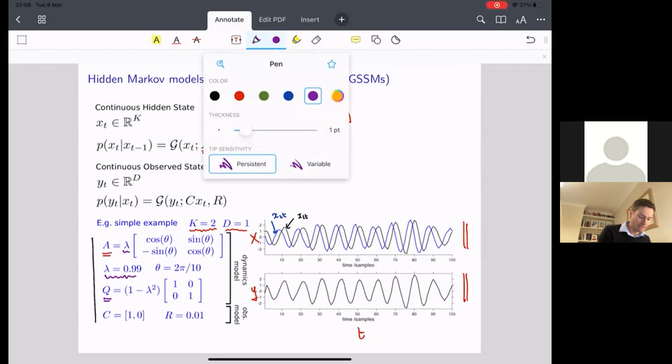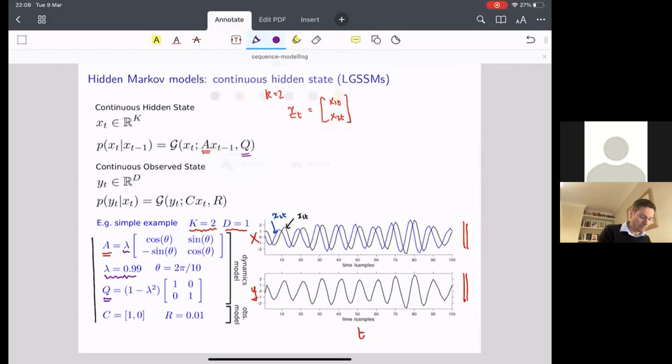So I can actually write that up in a slightly different form, which is going to be informative in a minute, at the top of the slide here. So we can say x of t is equal to a matrix A times x of t minus 1. And then we know we're adding independent Gaussian noise to the x1 and x2 component. That's what this is showing. I can write this the following way.